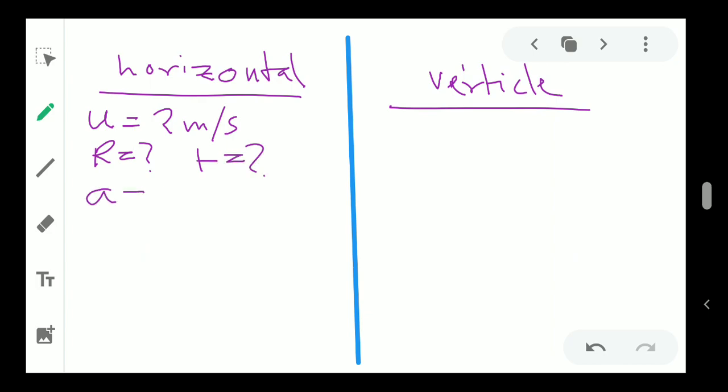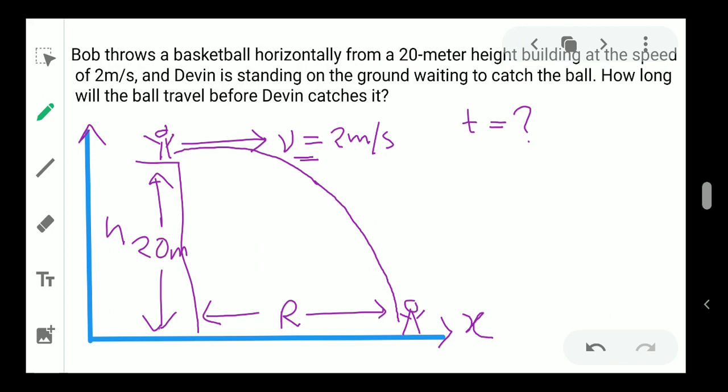What is the acceleration in this case? You can see that this is a contact force. When Bob throws it, when the ball is out of his touch, there is no external force acting on the basketball. So the acceleration on the basketball is zero in the horizontal direction.